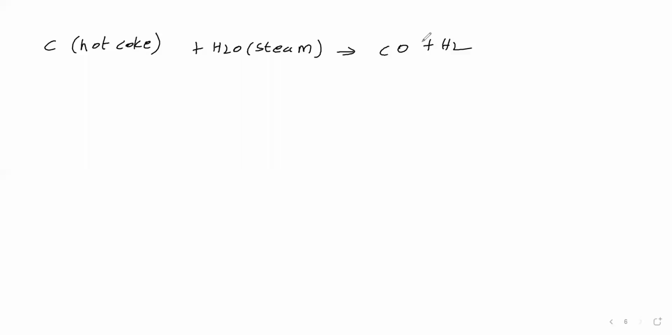Water gas means carbon monoxide and hydrogen are there. This water gas is mixed with steam and passed over the catalyst Fe2O3 plus Cr2O3 and heated.